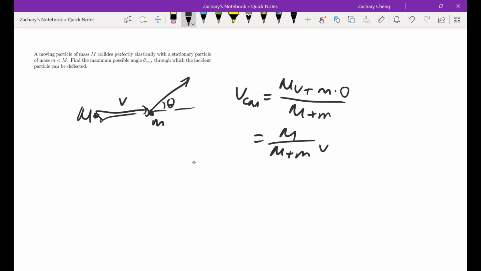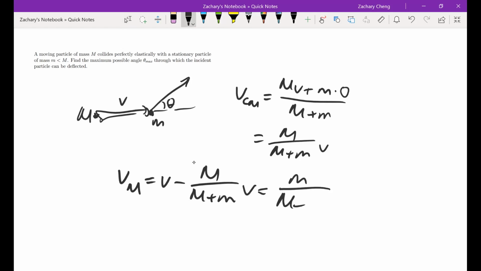Okay, so then the original velocity of the big M particle, v big M, is just equal to its original velocity, and since we're looking at this in the center of mass frame, we subtract the velocity of the center of mass. This is, of course, equal to small m over big M plus small m times v.